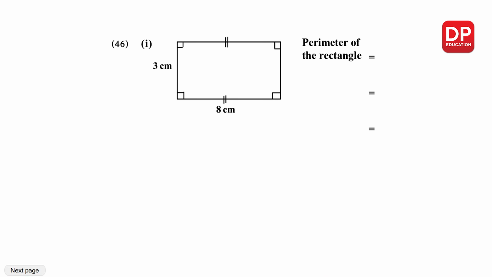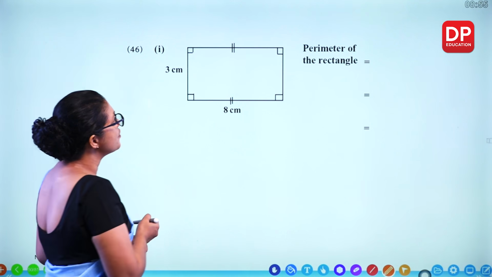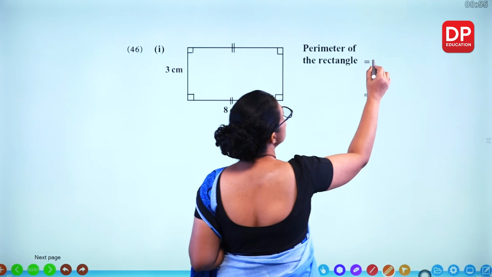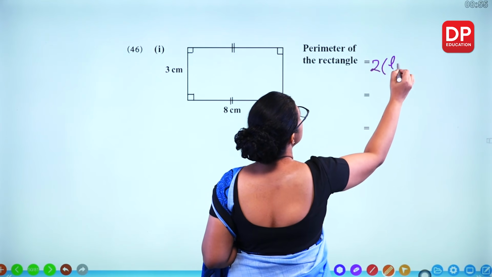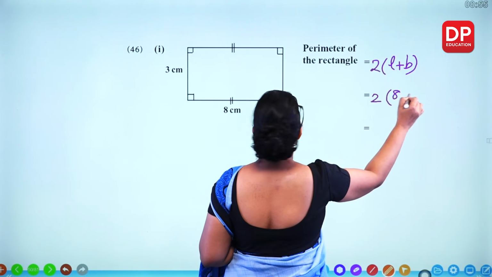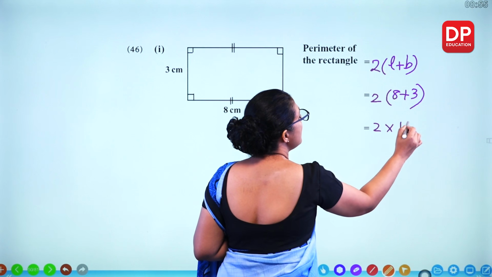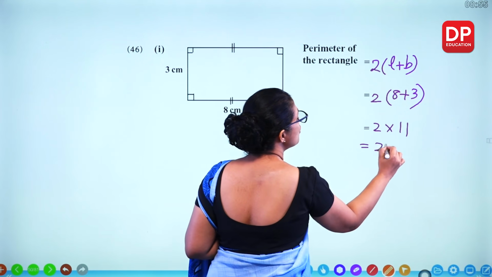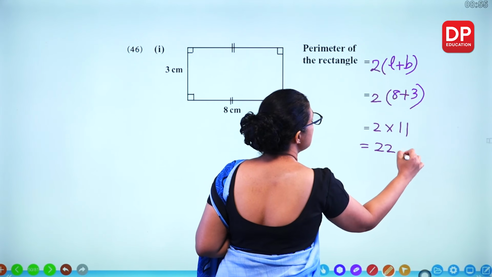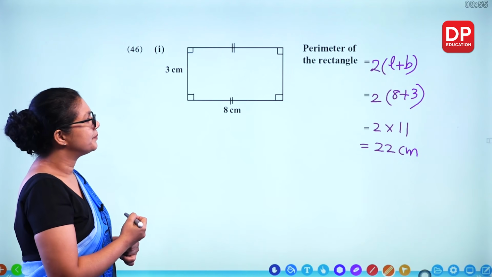Perimeter of the rectangle here. 8 is length and breadth is 3. So what's the perimeter? 2 times L plus B. 2 times 8 plus 3, 11. So 22 centimeters is the perimeter of this rectangle.